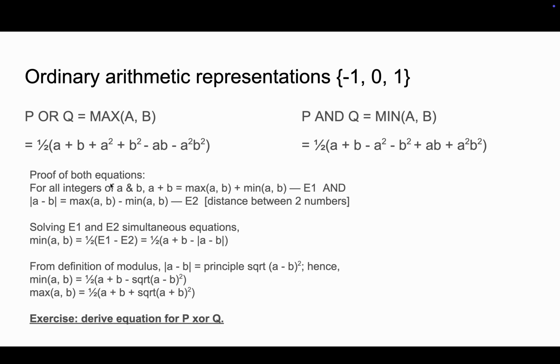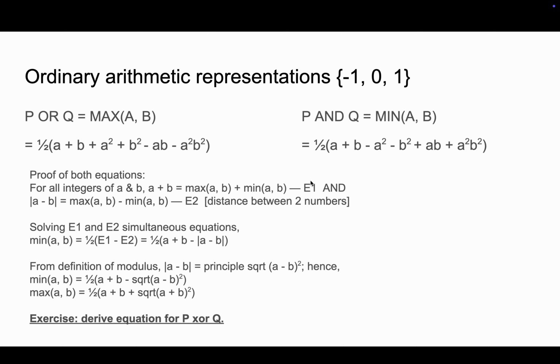We first notice that for any integer A and any integer B, the sum of A and B is equal to the maximum of A and B plus the minimum of A and B. Because if the maximum of A and B is A, then the minimum of A and B is B. So it will be A plus B. And vice versa, no matter what A and B are. And therefore this explains this statement, which we will call E1.